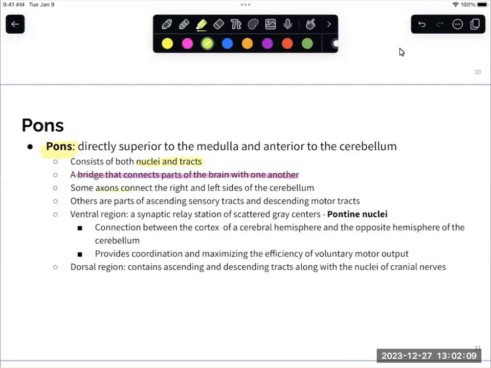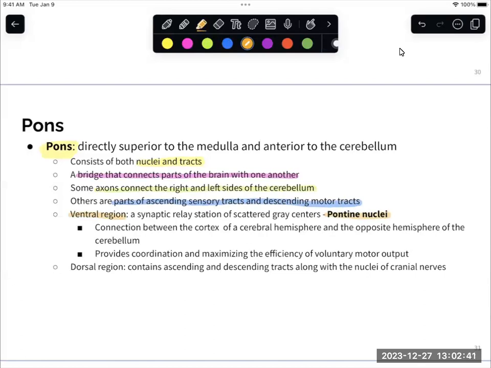So some of these axons are going to connect the right and the left sides of the cerebellum together here. There's parts of ascending sensory tracts and descending motor tracts that go through the pons. We have a ventral region, which has the pontine nuclei in the ventral, which is the anterior portion.